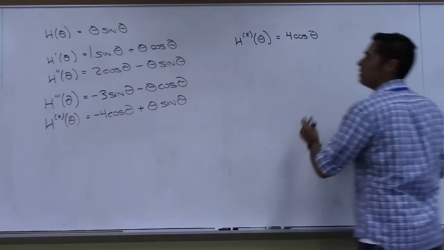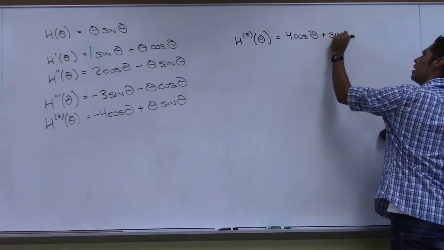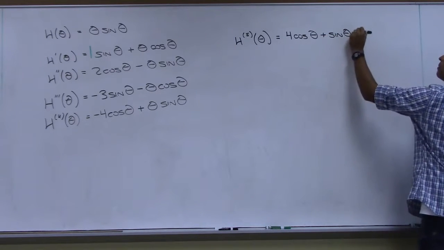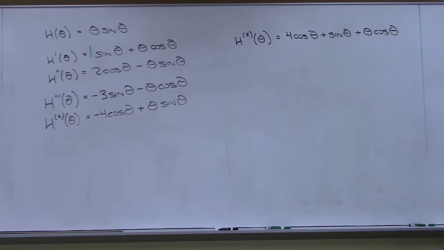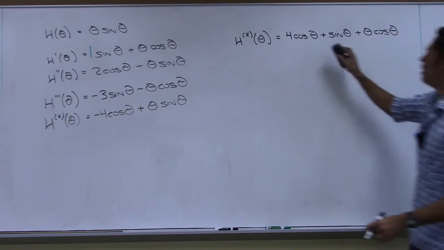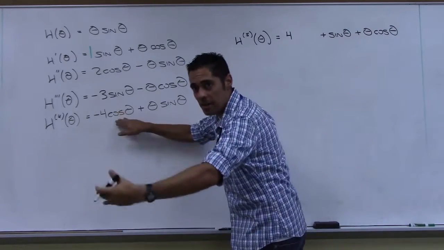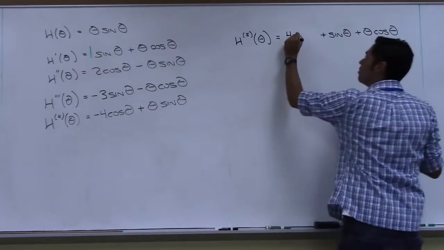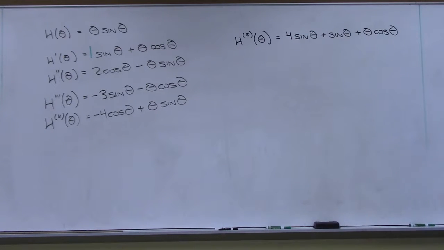So what do we have? Plus sine theta plus theta cosine theta. The first term should be 4 sine. Oh, 4 sine. Thank you. Derivative of cosine is negative sine. My apologies. This one should have been 4 sine. I'm glad it was, because I was like, damn, our pattern just blew up in our face.